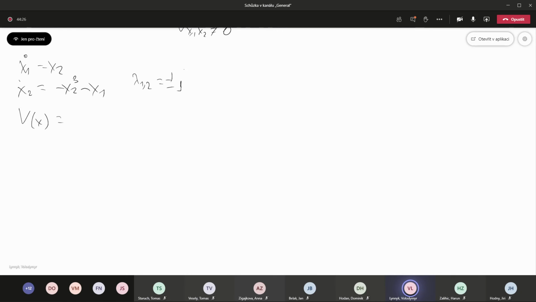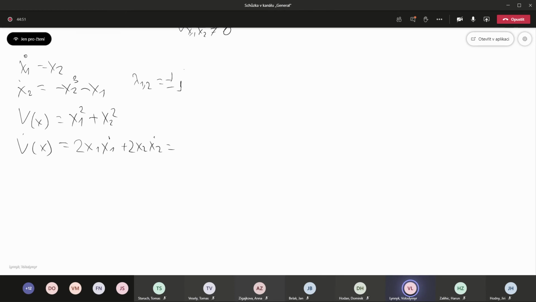Let's take V(x) equal to x1 squared plus x2 squared, and then calculate V dot equal to 2x1 x1 dot plus 2x2 x2 dot.